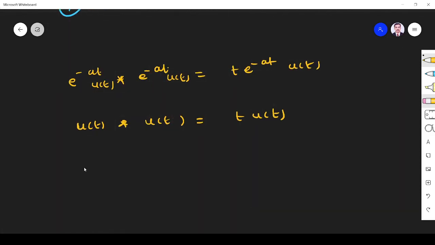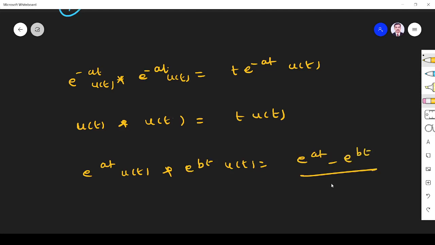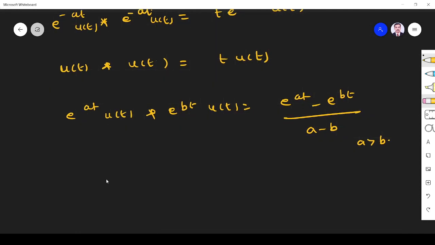So next one, e^(at) u of t star e^(bt) u of t, that is given by (e^(at) minus e^(bt)) divided by (a minus b), provided a is considered greater than b. So whatever the greatest number, that you consider as a, right? So this is another important point.